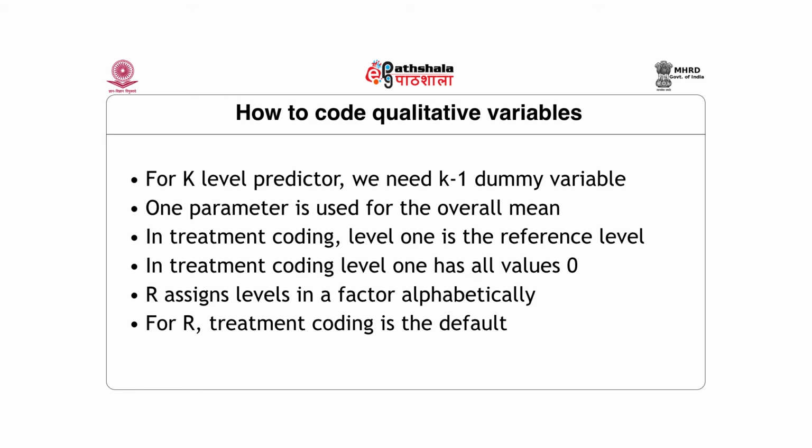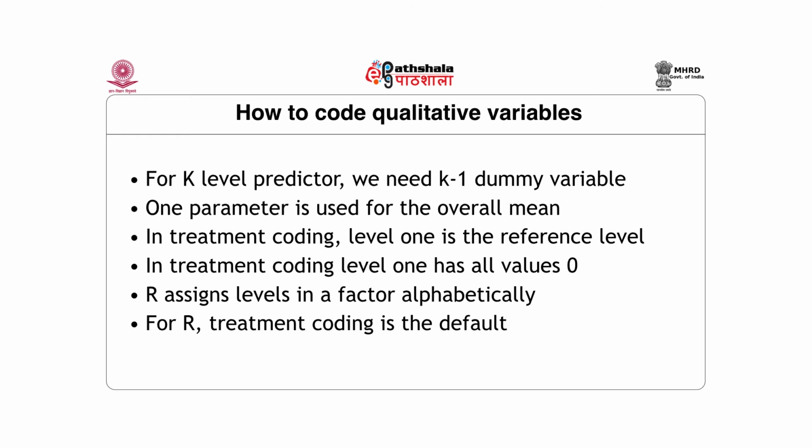R specifically assigns levels in a factor alphabetically. So for example, if you have religion, and you had Hindus and Muslims, then R would start assigning values 0 to Hindus and 1 to Muslims. If you had Hindus, Muslims, and Christians, Christians would be assigned a value of 0, Hindus 1, Muslims 2.